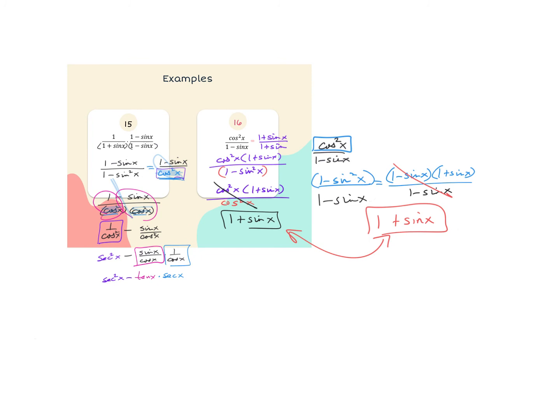They are using a lot of different skills, Algebra 1 skills, as well as simplifying fraction skills, and then also knowing those identities, the reciprocal, the quotient, the Pythagorean. Also be able to rearrange those Pythagorean identities to use them in a substitution.